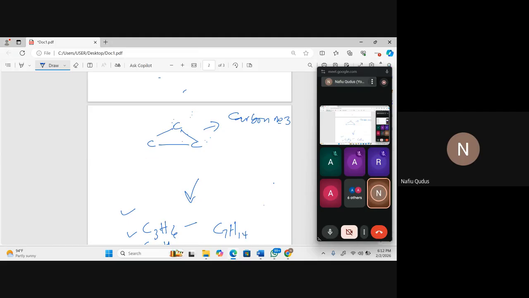How many bonds surround this carbon? Two. How many hydrogens will remain to make it complete? Two hydrogens. What of this carbon? Two bonds, so one hydrogen, and another hydrogen.